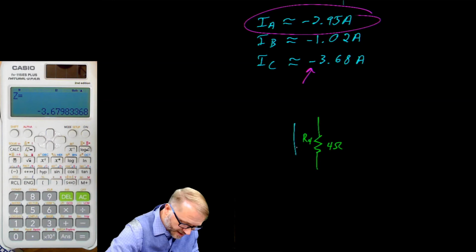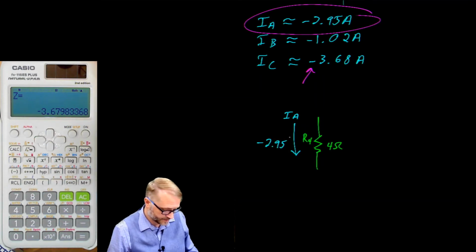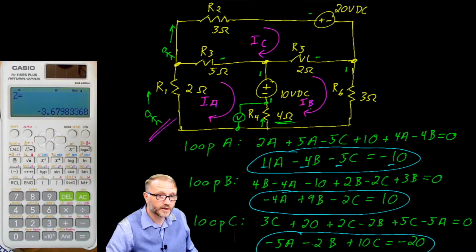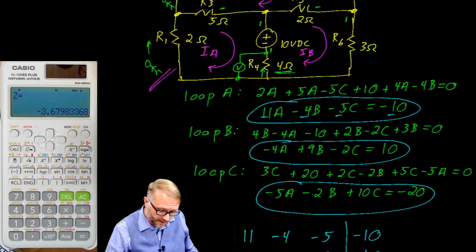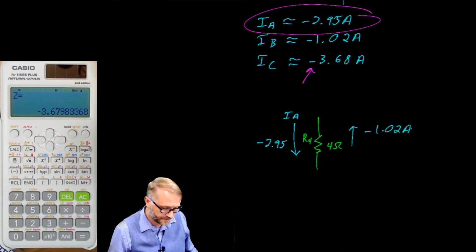So we had current A flowing in this direction, and current A was negative 2.95 amps. Right? There's our current A, right? That's this loop here, flowing down. Current B is flowing up, and current B was negative 1.02 amps.